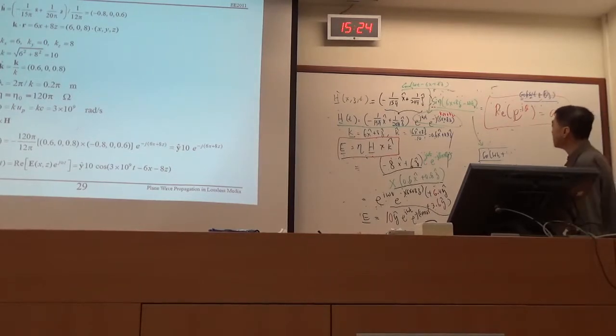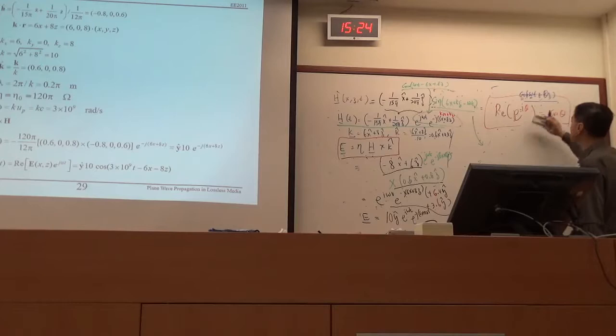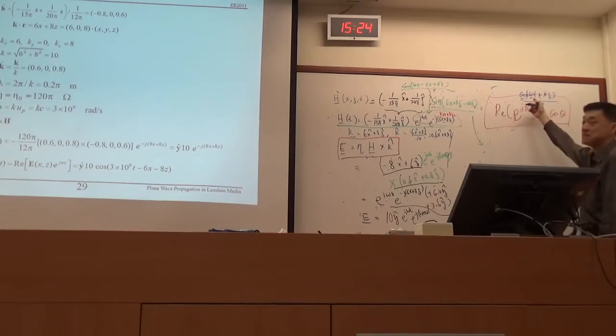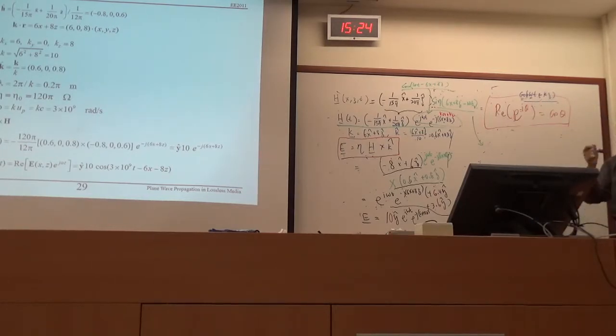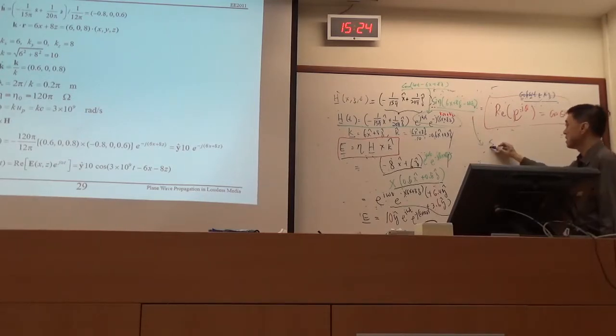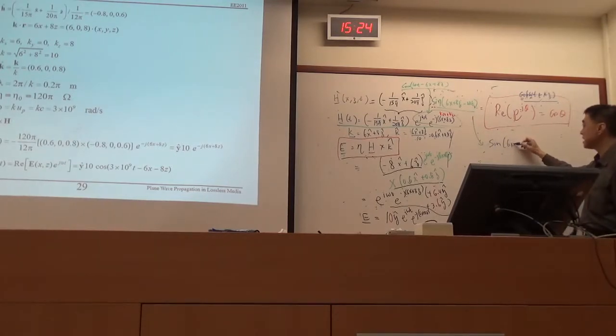Alright, now what happens if I got this one? The thing is that omega must be positive and it must be a cosine. Okay, these are the two determining characteristics. So what happens if I got sine of 6x plus 8z minus omega t?